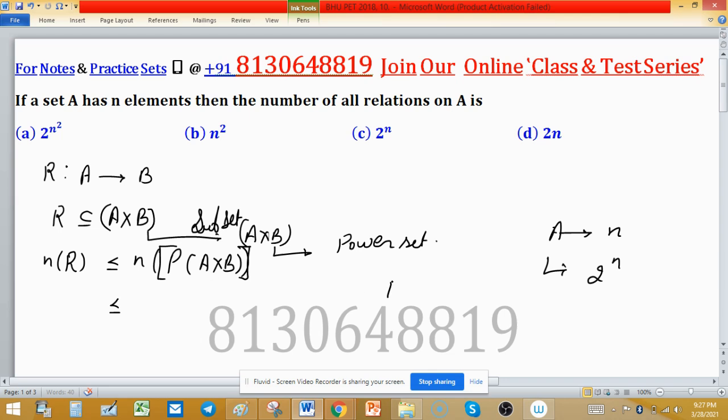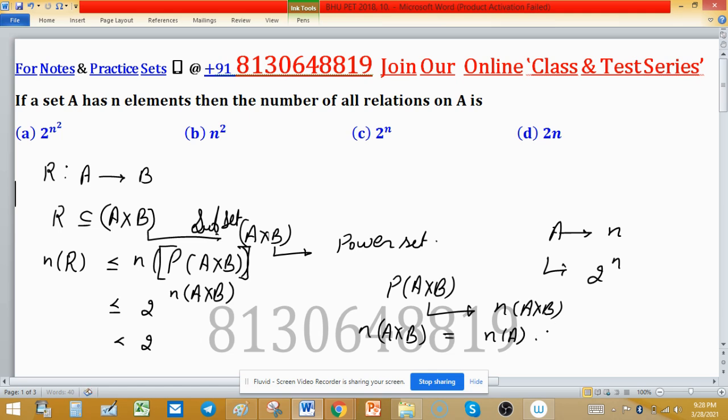So we are seeking the power set of A cross B, so we need the number of elements of A cross B. That is 2 raised to the power number of elements in A cross B. The number of elements in A cross B is the same as the number of elements in A times the number of elements in B.